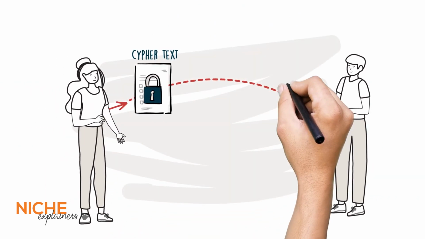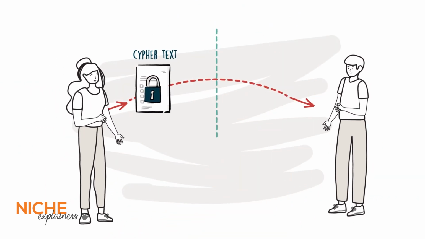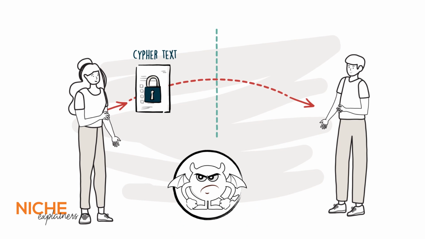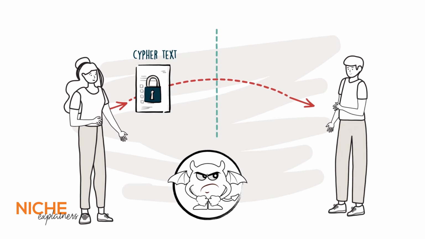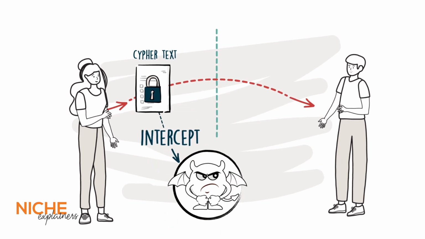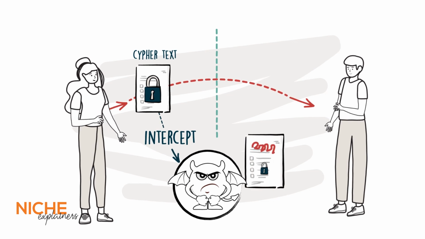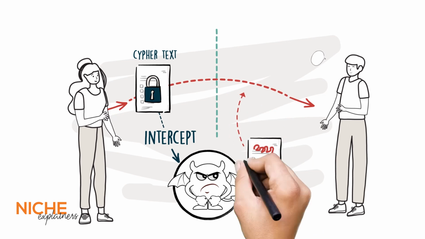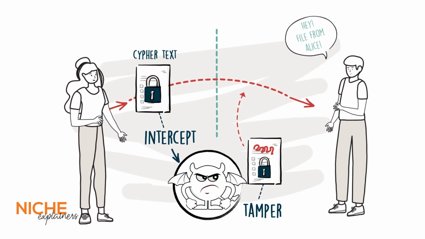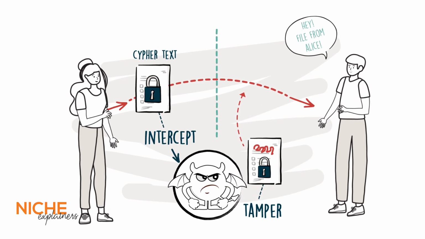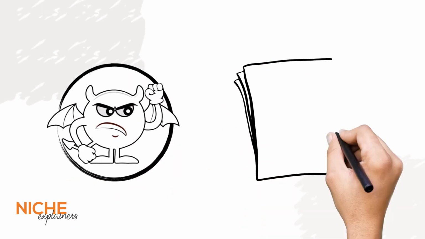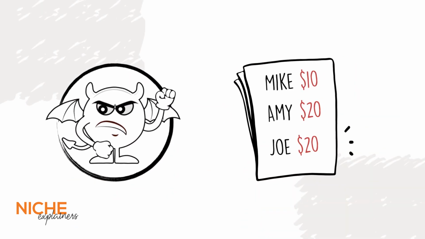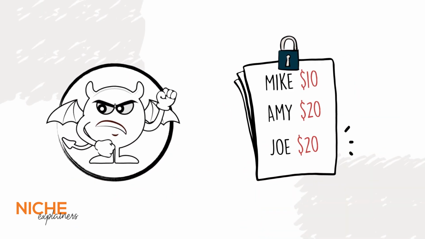While this method of encryption can stop eavesdroppers, it cannot stop active attackers. Active attackers can intercept the file, and although they cannot decrypt the whole message, they can tamper with the encrypted file in such a way that Bob could receive the wrong information. You might wonder how an active attacker can do anything other than mess up a file that is encrypted.